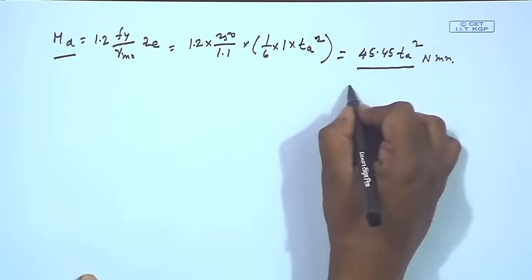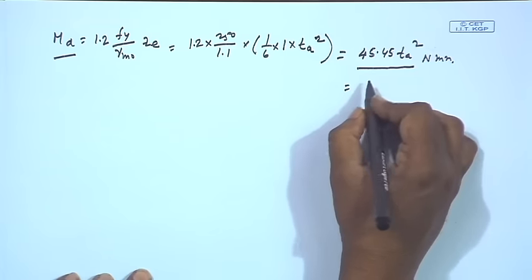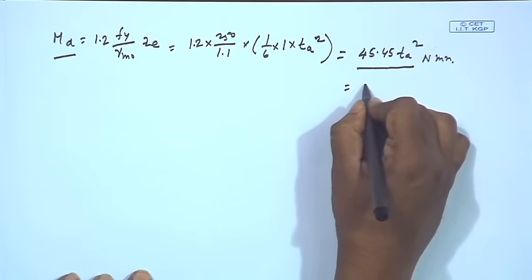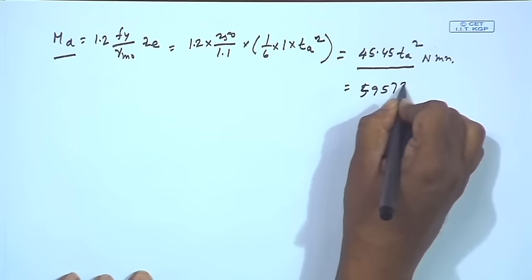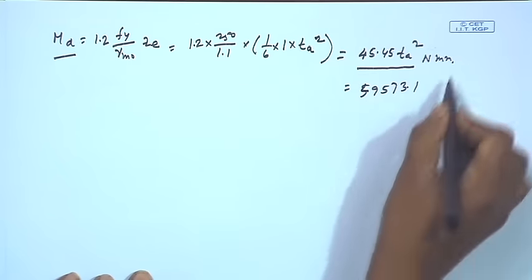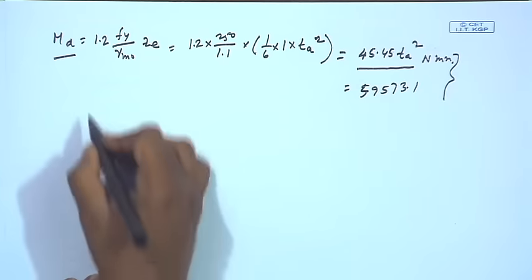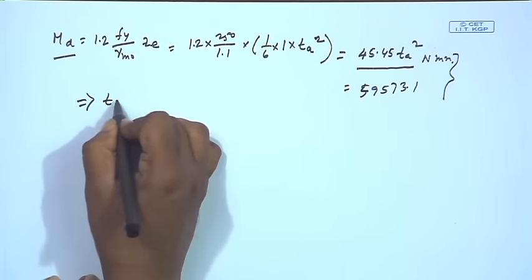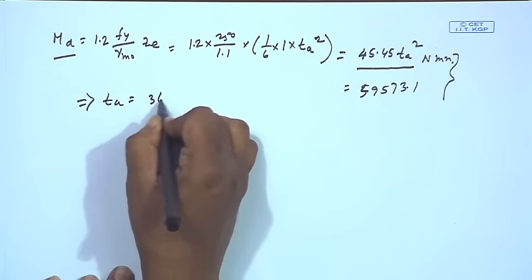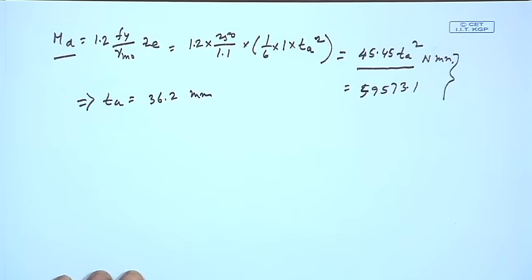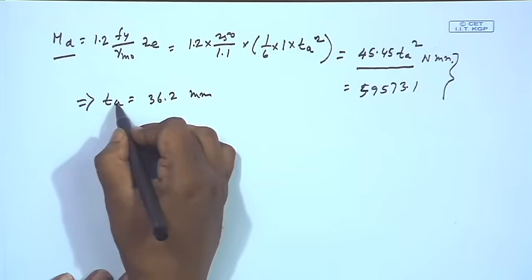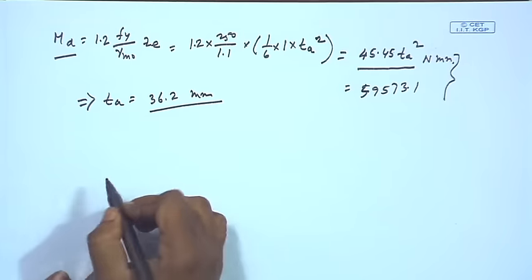which needs to be equal to the moment at the critical section, which was coming 59573.1. So, by equating these two, I can find out the value of T A as 36.2 millimeter, which is called the aggregate thickness of base plate and cleat angle.